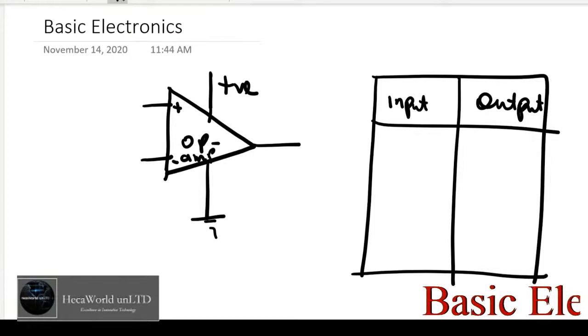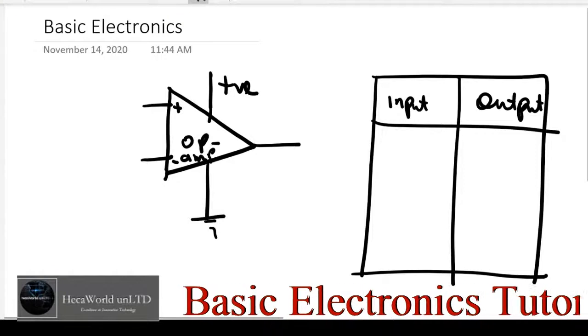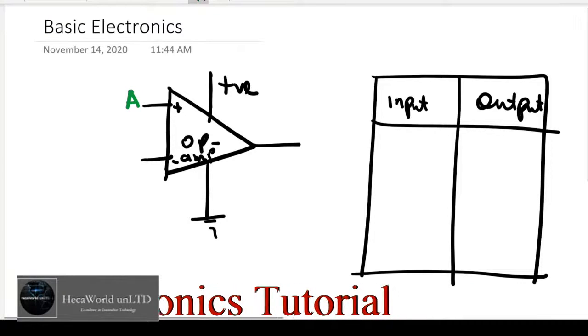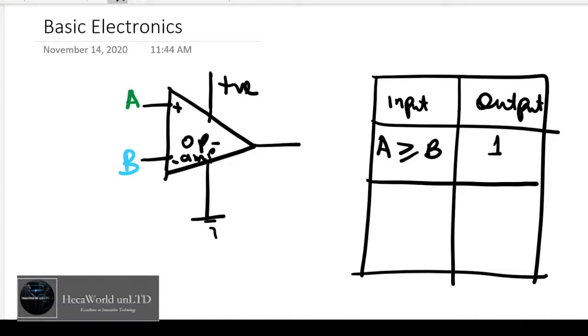And we'll say when the positive inputs, let's use different colors. So this is A and this is B. When A is greater than or equal to B, the output is 1. Else, when A is less than B, the output is 0.